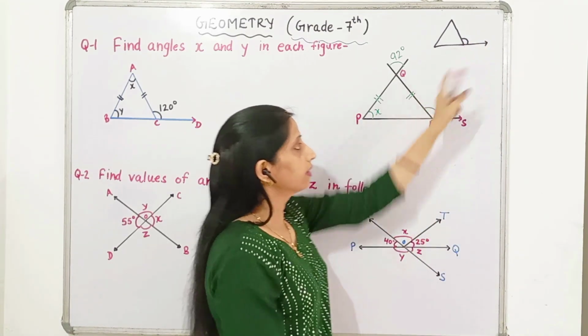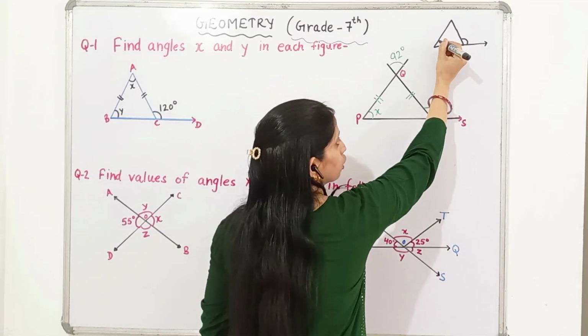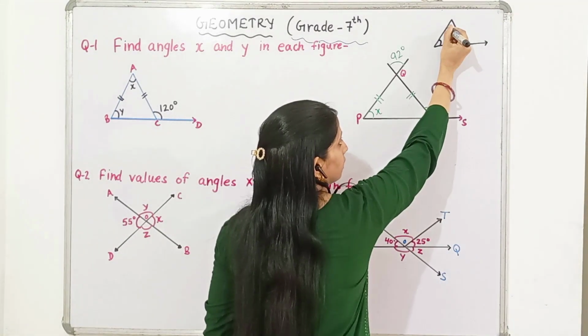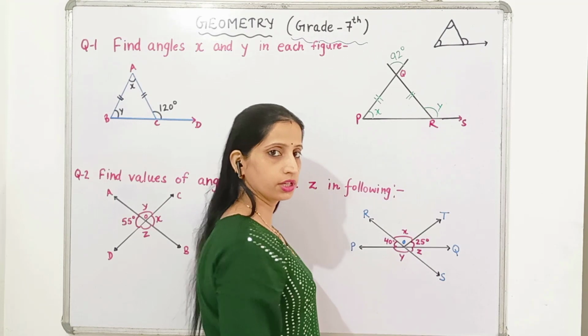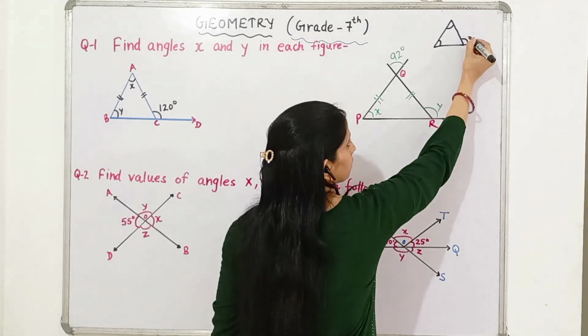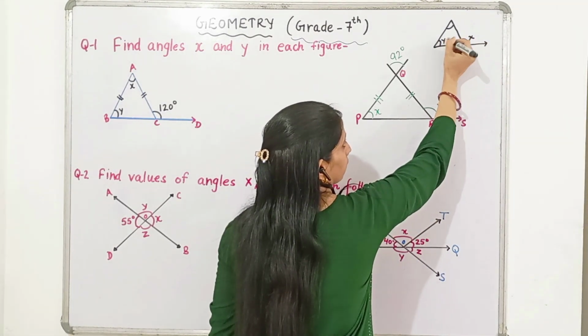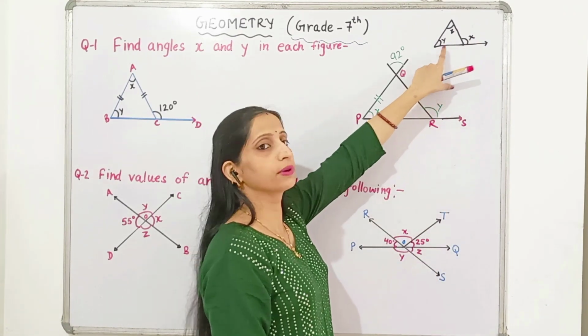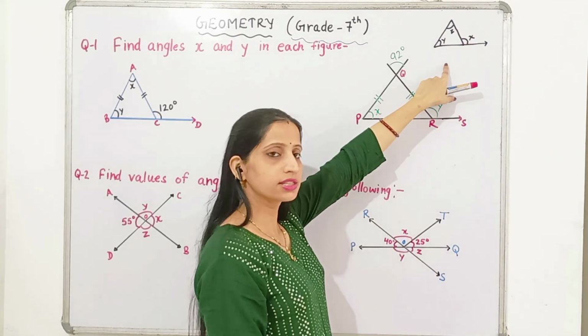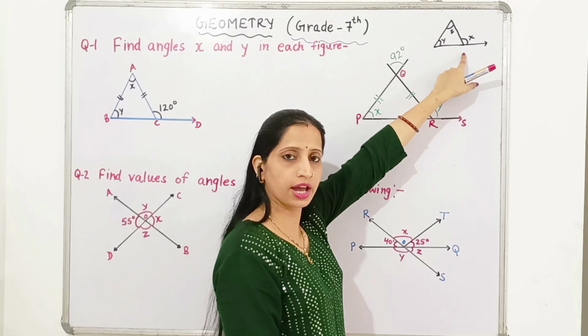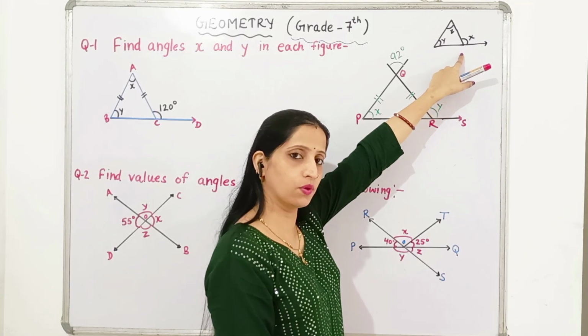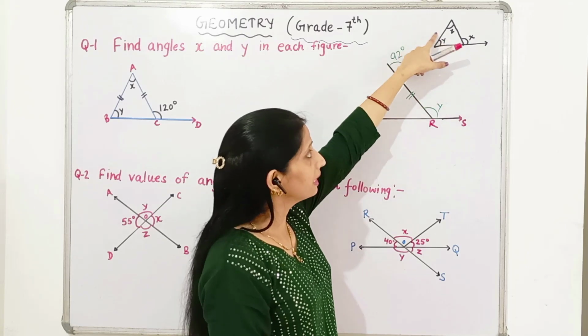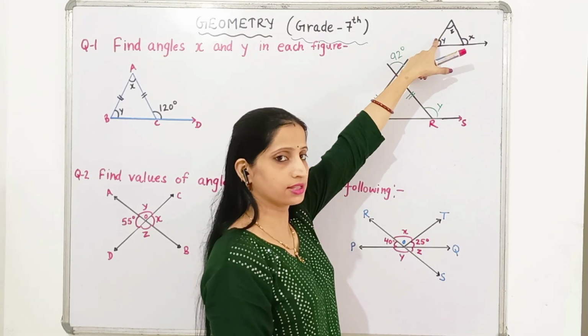So this angle will be equal to the sum of its opposite interior angles. For example, if this is x, this is y and this is z, so x will always be equal to y plus z. Or we can say the exterior angle of a triangle will always be equal to the sum of its interior opposite angles.